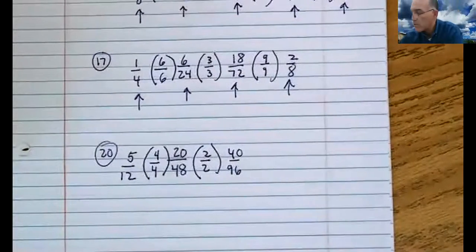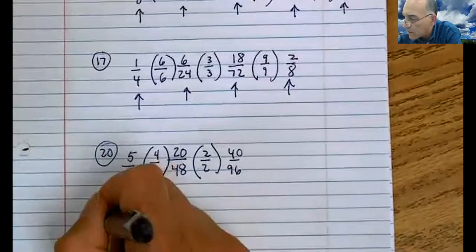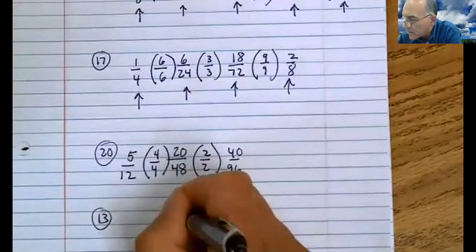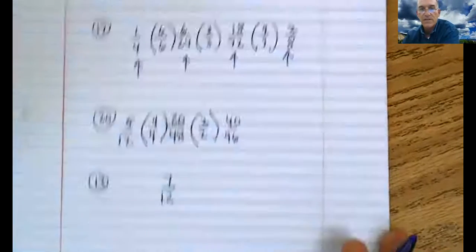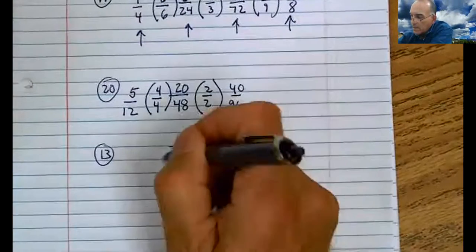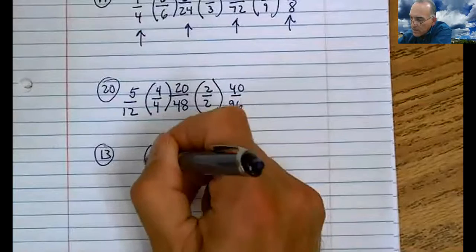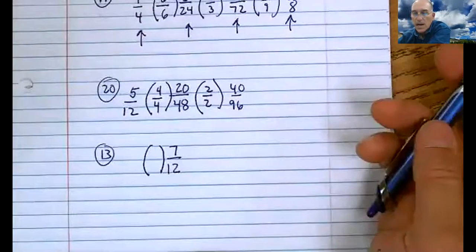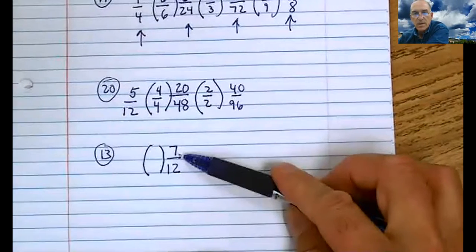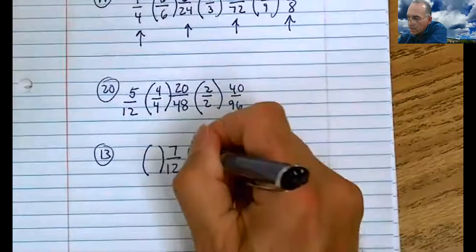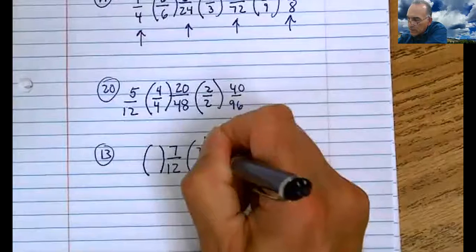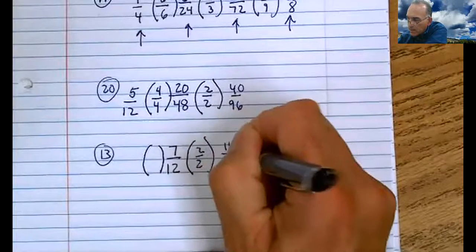Let me see another one. How about this one? 13. They give you 7/12, and I'm thinking to myself, can I divide? No, I cannot, because this is already a prime number, so I cannot divide. Can I multiply? Of course I can. I could multiply by 2.